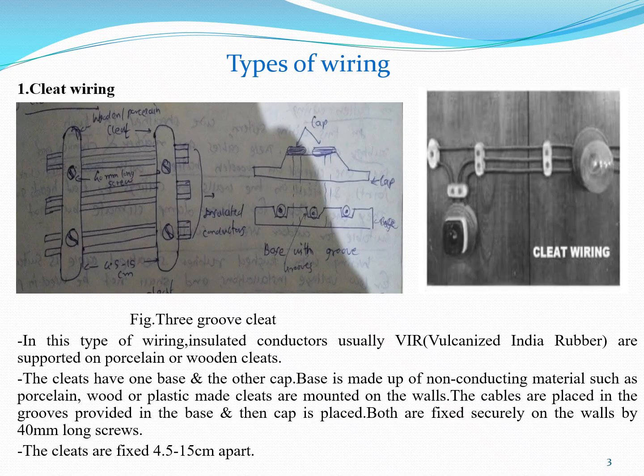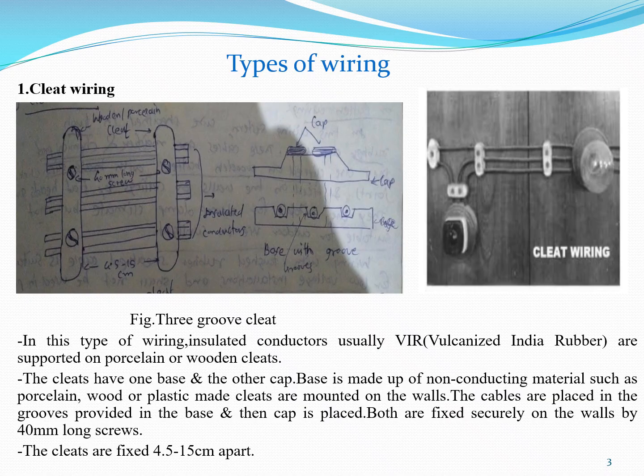In the case of cleat wiring, insulated conductors, usually VIR, that is vulcanized India rubber, are supported on porcelain or wooden cleats. The cleats have one base and another cap. The base is made up of non-conducting material such as porcelain, wood, or plastic.